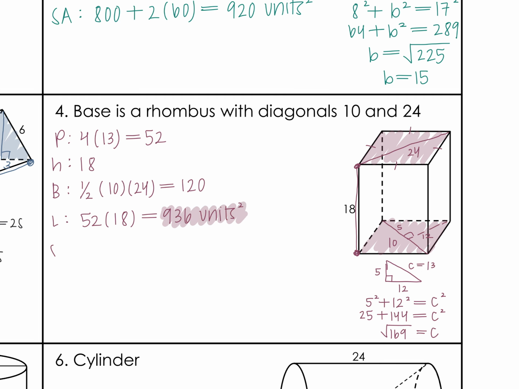Okay, and then for your surface area, you start off with your lateral area, that 936, plus we'll have our 2B, 2 times that 120. So 936 plus we'll get 240 here, should give you 1,176 units squared.